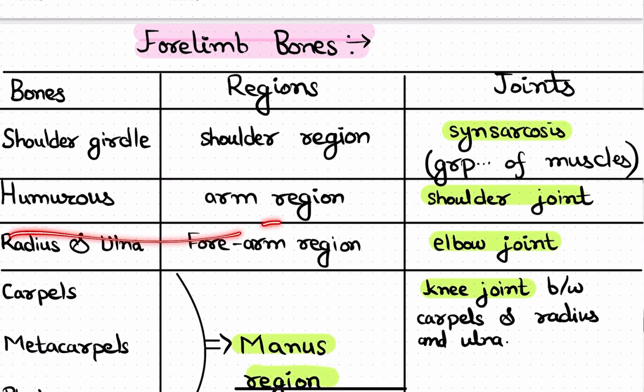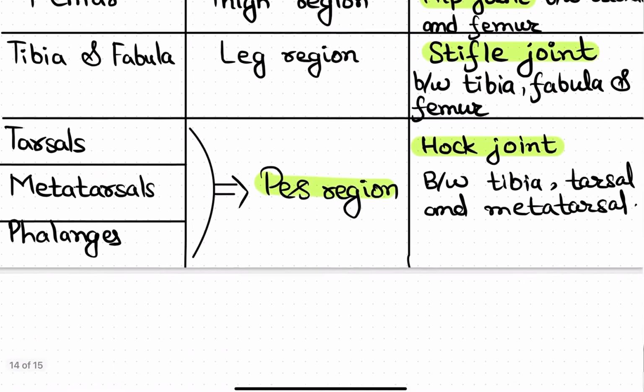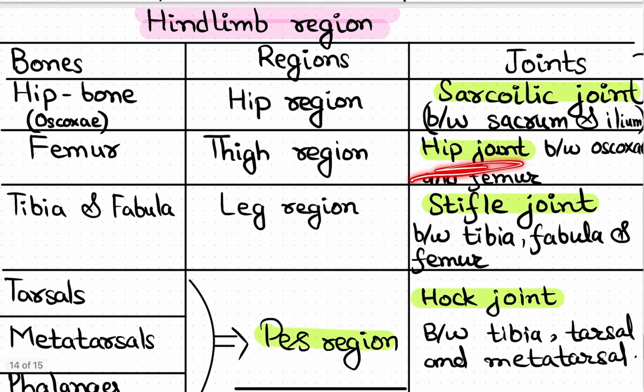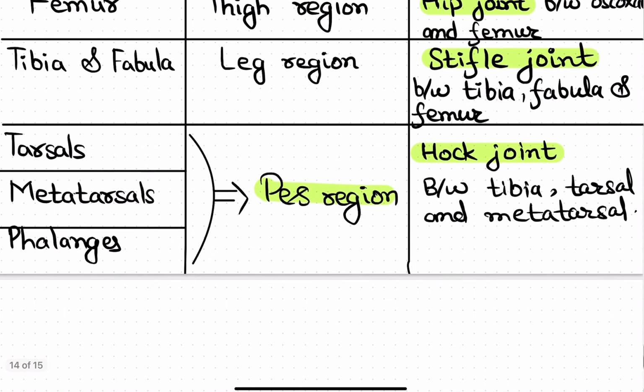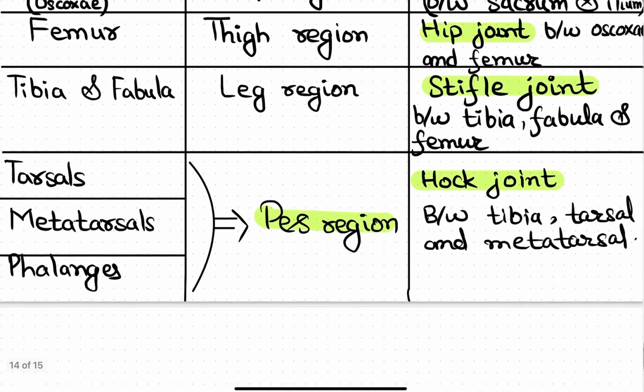Then we have the femur, thigh region, and this you can relate to the hip joint. Then we have tibia and fibula in the leg region, where it is known as the stifle joint, as I mentioned in the diagram. Then we have tarsals, metatarsal, phalanges, the pes region. Then the hock joint between tibia, fibula, tarsal and metatarsal.